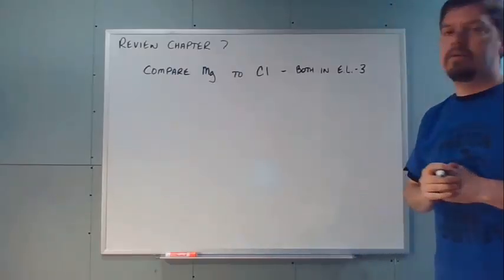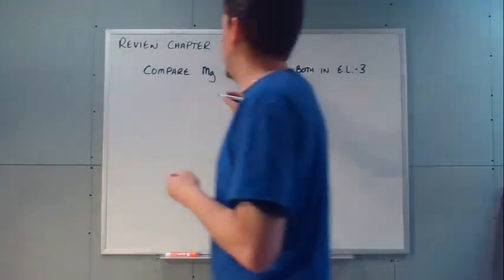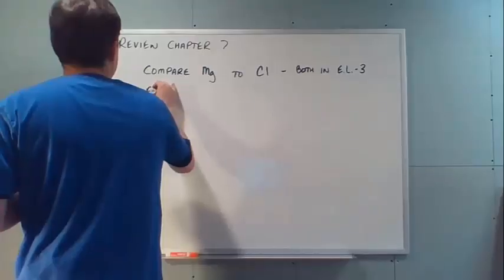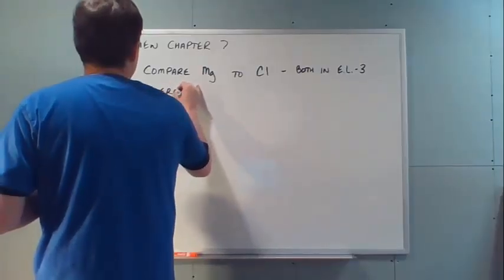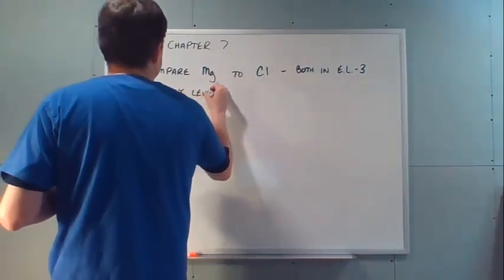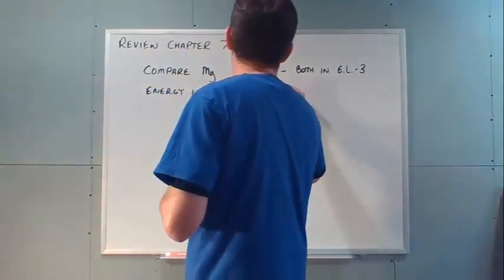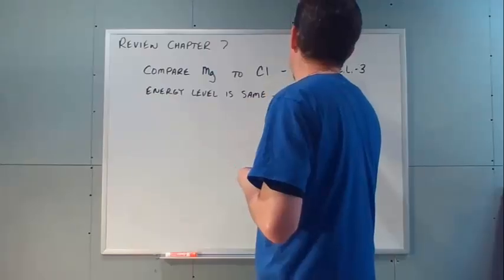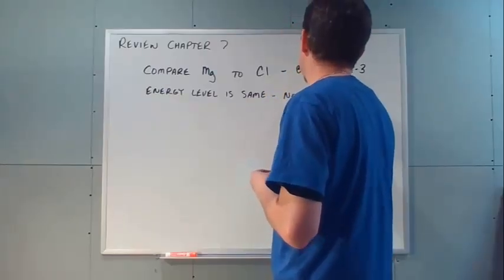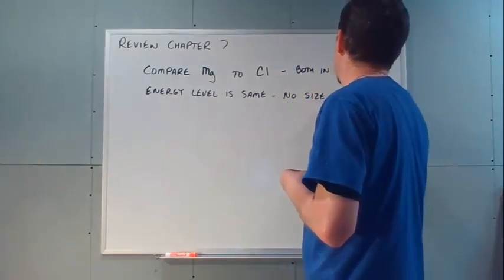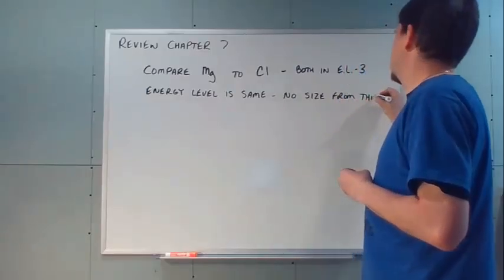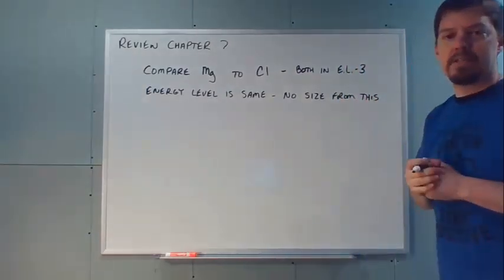So they're both in energy level 3. Right, so we know that since the energy level is the same, that doesn't affect the size. Right, the energy level part doesn't affect the size.